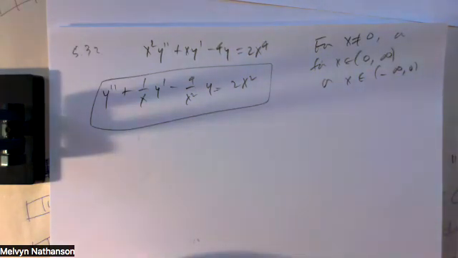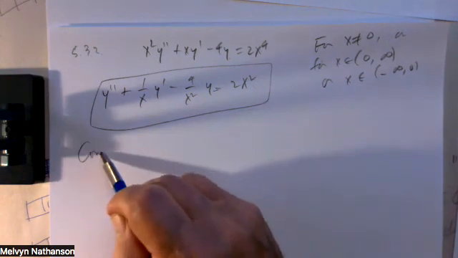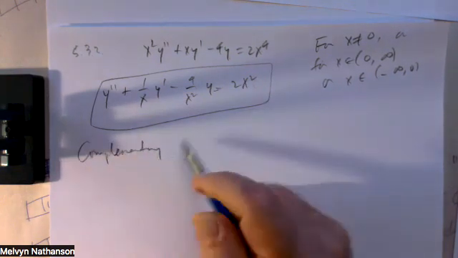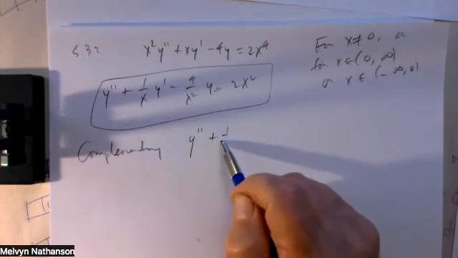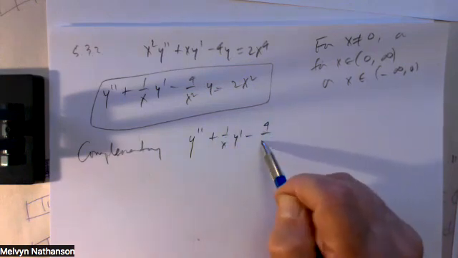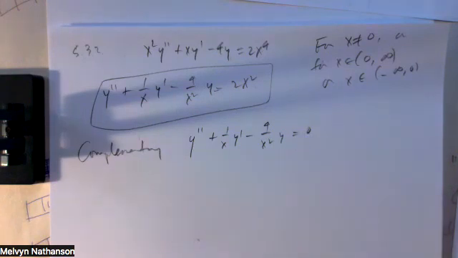So now I have my equation in this form. Now the complementary equation is y double prime plus 1 over x y prime minus 4 over x squared y equals 0.